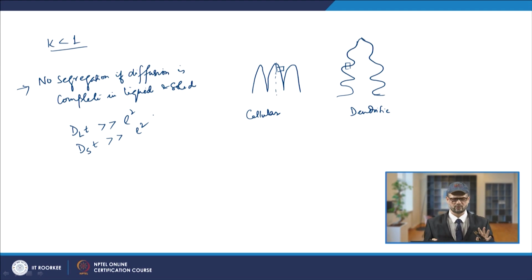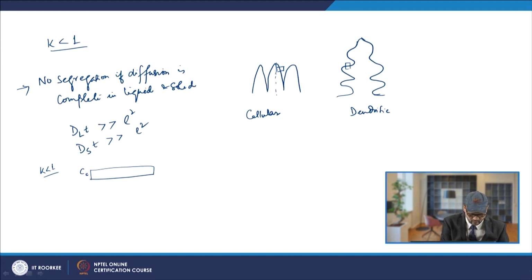This is the case when there is complete diffusion in both the solid and the liquid, and the microsegregation profile will be such that for k less than 1 the C naught value will be constant throughout.